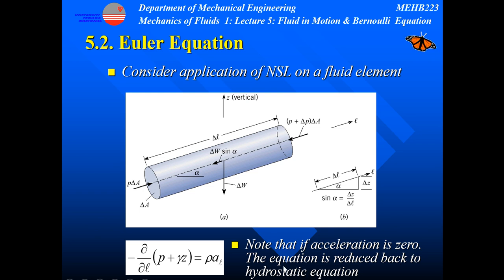I've shown you the derivation of the hydrostatic equation in lecture 3, where at the end you got the piezometric pressure and piezometric head equations. But in that equation, this is 0. So since this is a moving fluid or a flowing fluid, this becomes rho a. Alright.